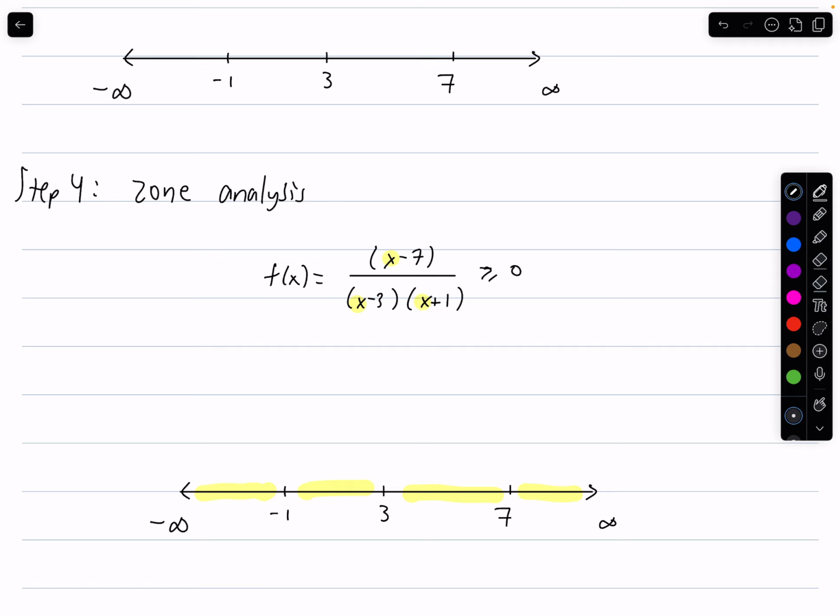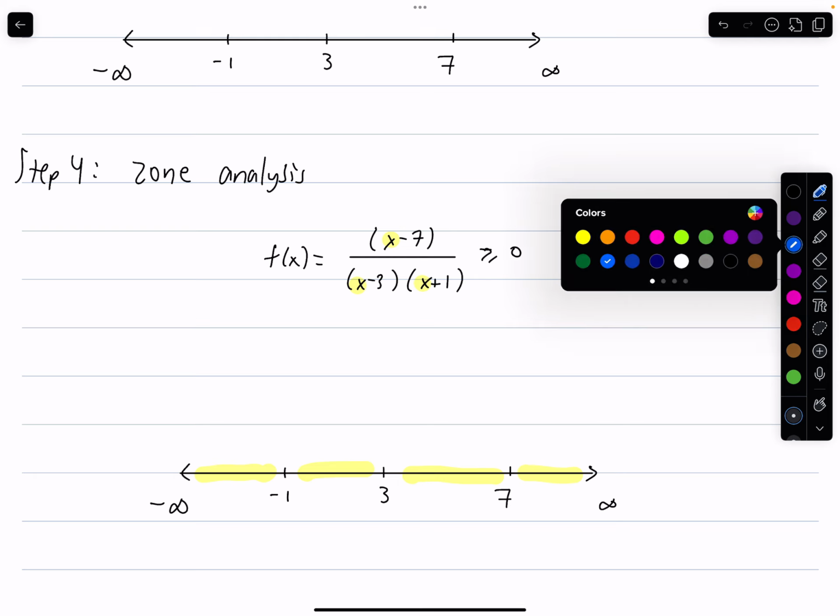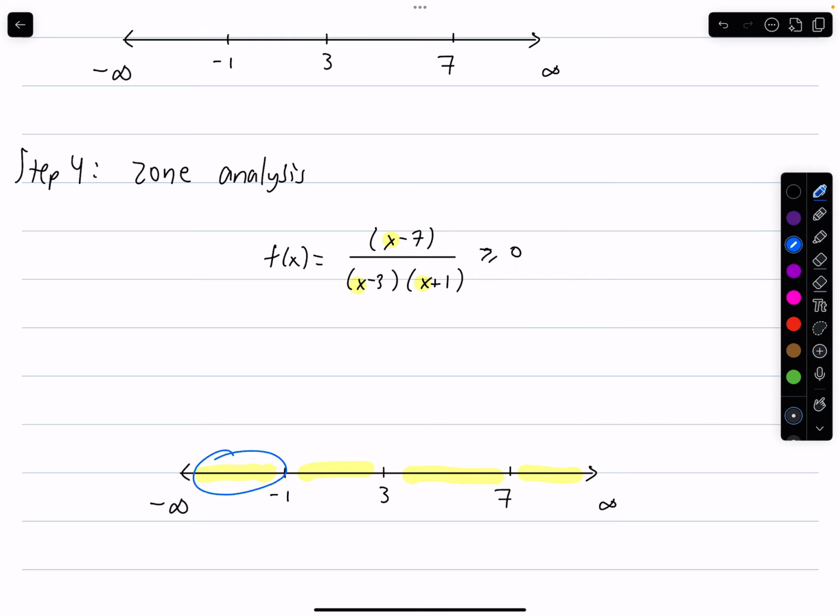So let's look at an example, okay? In this first zone right here, I'm going to take a number. Let's say -10, for example. I'm going to plug this -10 in here, here, and here, and find out whether the whole thing is positive or negative. In the numerator, I'll have -10 minus 7, which is -17, a negative. Then -10 minus 3, which is also a negative.